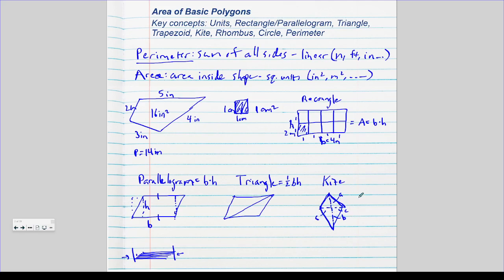So my top triangle is 2 C's, that's the base of the triangle, times A, the height, divided by 2. So basically I just get C times A.